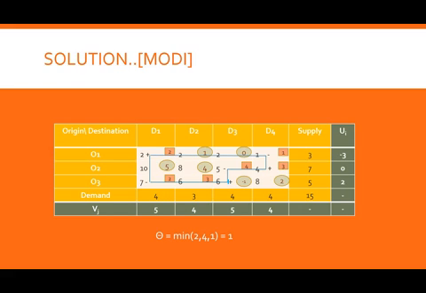I am supposed to find out a closed loop. From here, if at all I take a link here, I will have to go here, but I cannot come back because I don't have an allocation here. So therefore, from here I'll go here, from here to this cell, but I have a continuation here. I'll go to this cell.